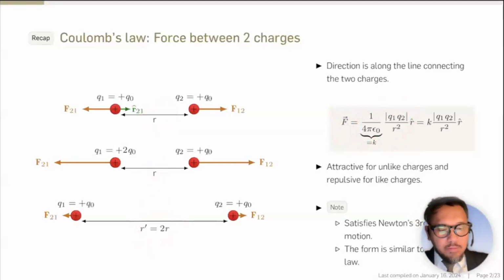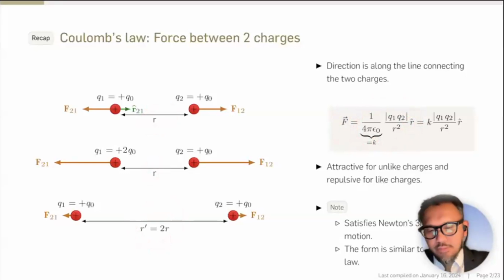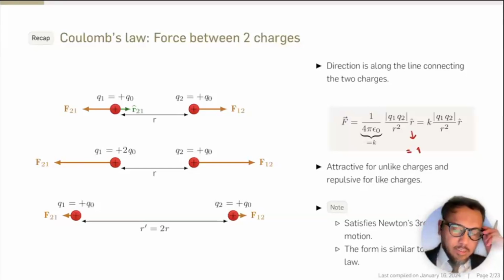And then we ended the lecture with a discussion about this r hat, or unit vector. A unit vector is basically the same as one, and then a direction.